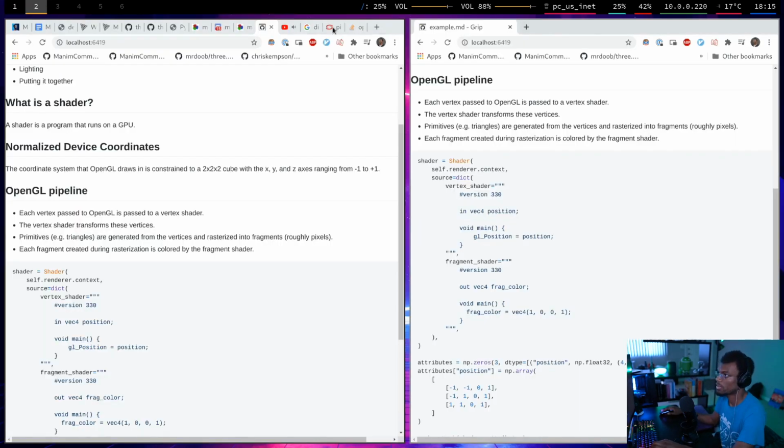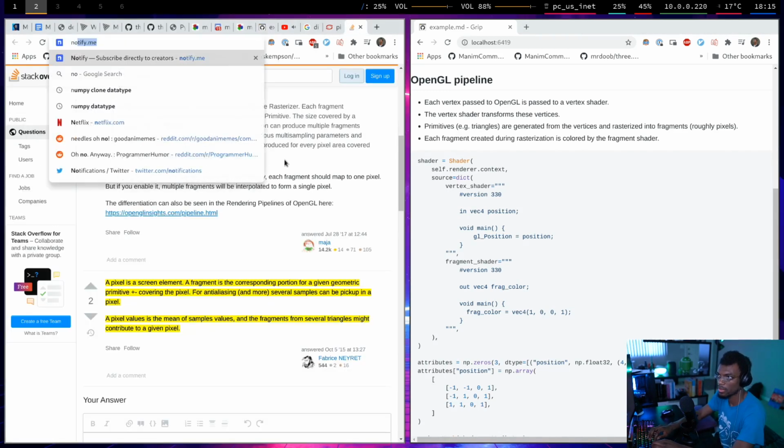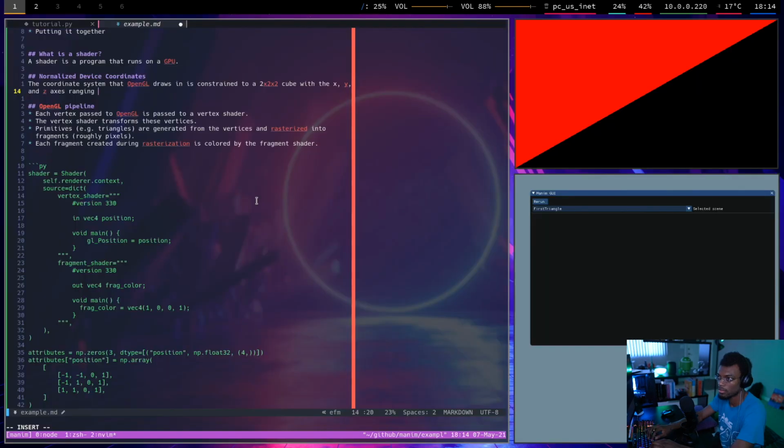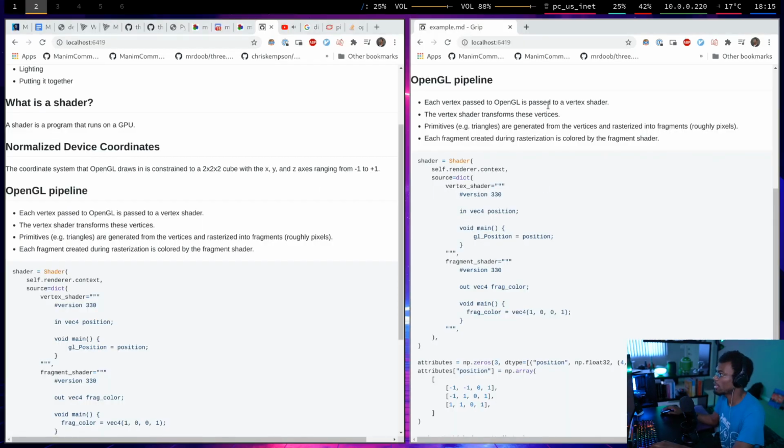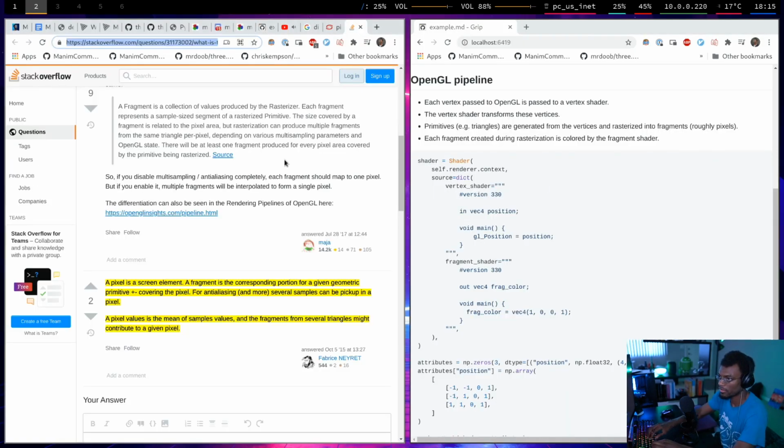And I think that's mostly all that needs to be said about normalized device coordinates.